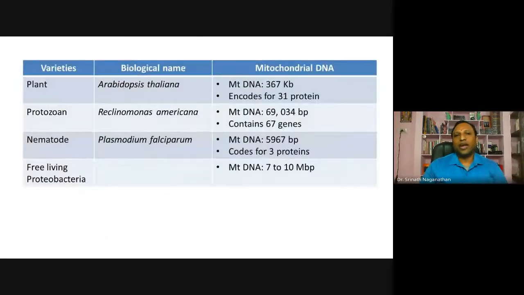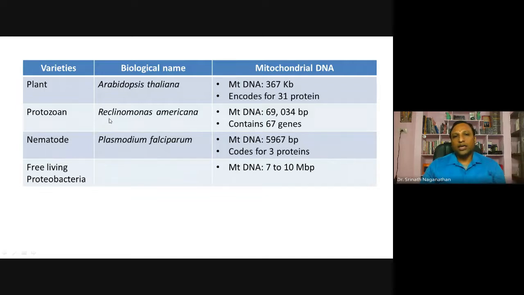If you see the varieties, the biological name, the mitochondrial size and how many proteins are encoded: in the plant Arabidopsis thaliana, the mitochondrial DNA is 367 kb and encodes 31 proteins.